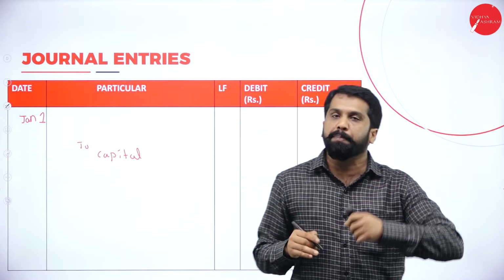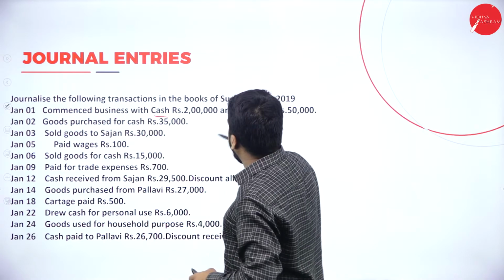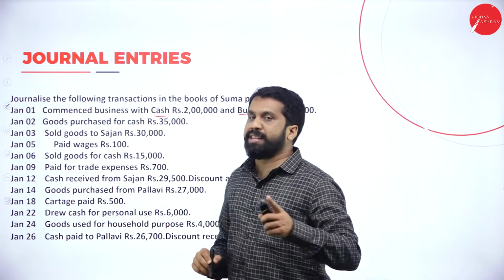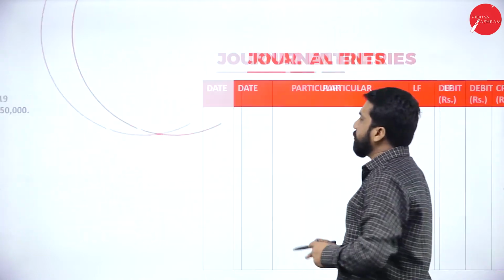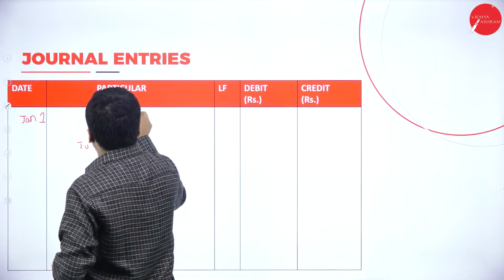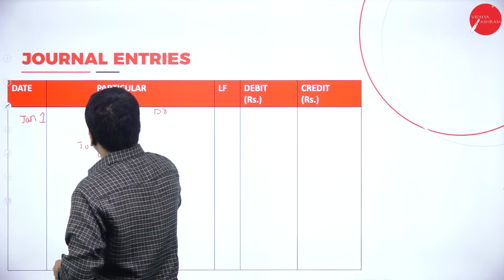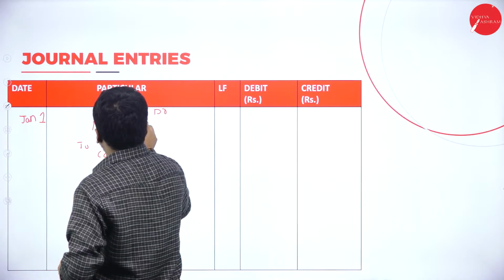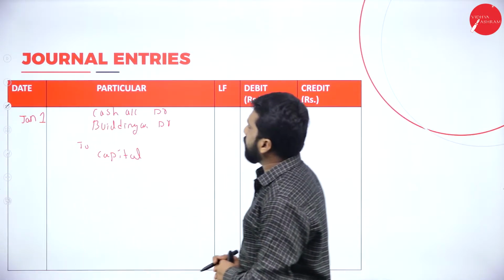What will come up will go back. There is a cash and there is building. We'll take cash and building. Cash is 2 lakh, building is 50,000. Now, cash account debit, building account debit. Any doubt in this?